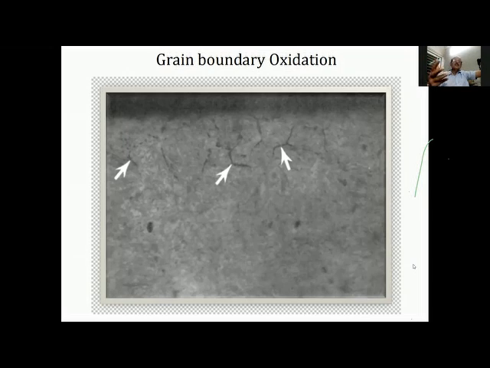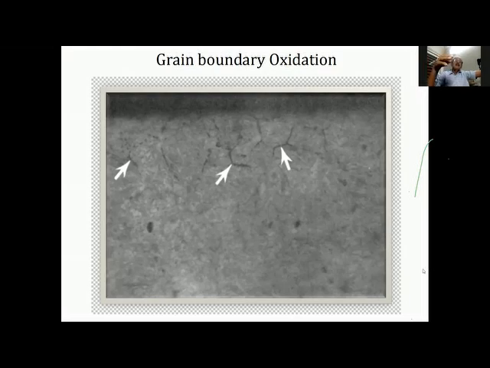Oxide inclusions are supposed to be responsible for lowered fatigue life. So that's why this so-called killing by aluminum or vanadium is done in the final stage.